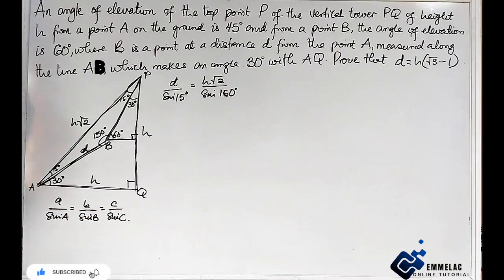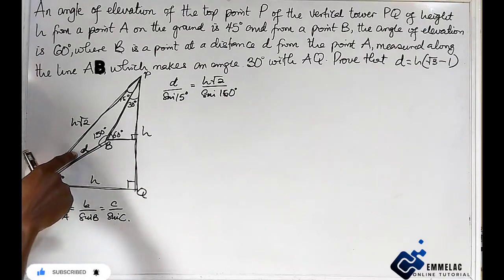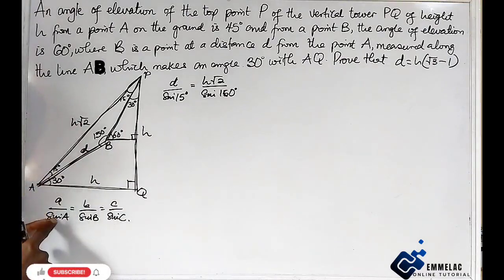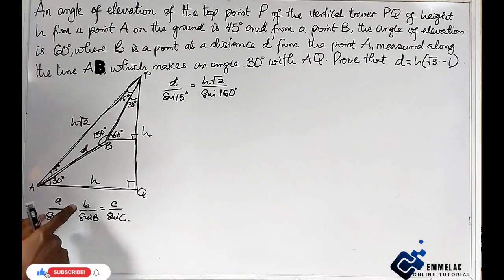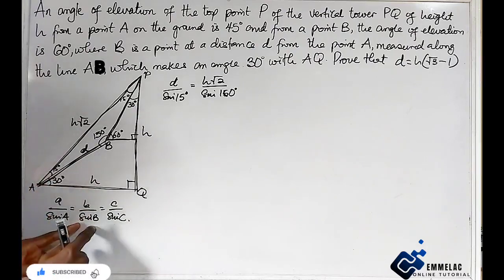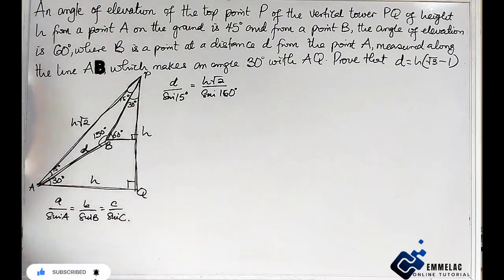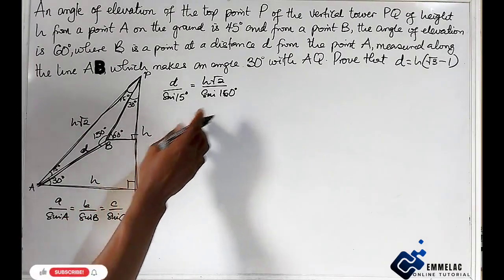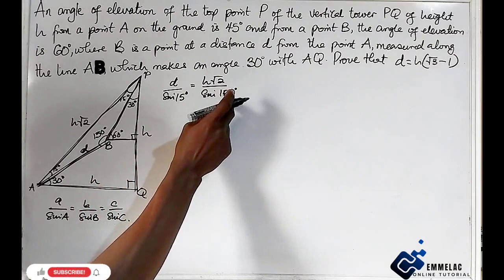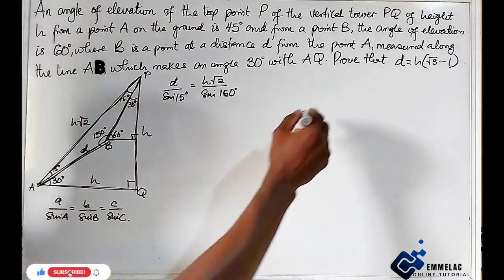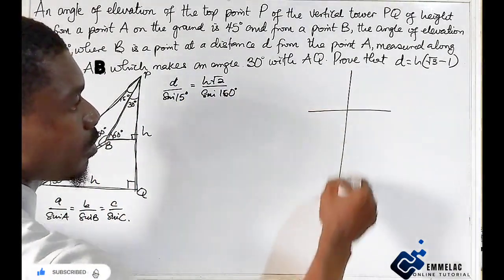Following this, let us make this one our A, with the angle here. Then B, which is H root 2, and the angle opposite it is 150. Now sine 150 is the same thing as sine 30, since they are in the second quadrant.